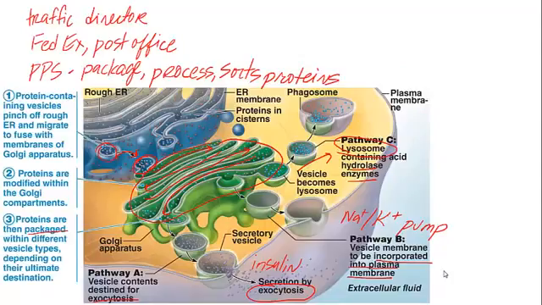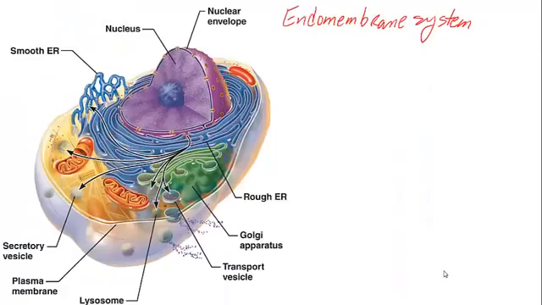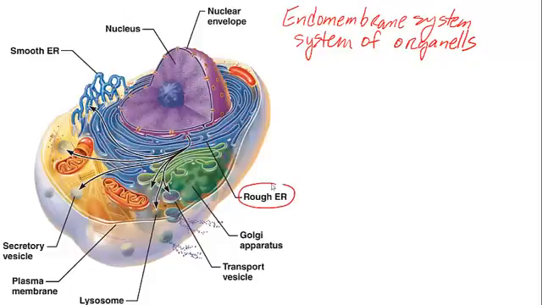So our next slide now is on the endomembranous system. The endomembranous system is really a system of organelles that is going to produce, store, and export these biological molecules. It's going to break down harmful substances, and it's going to first of all include the ER.